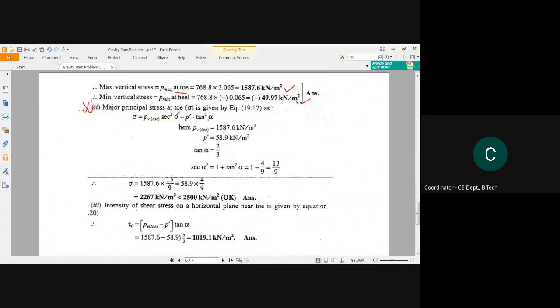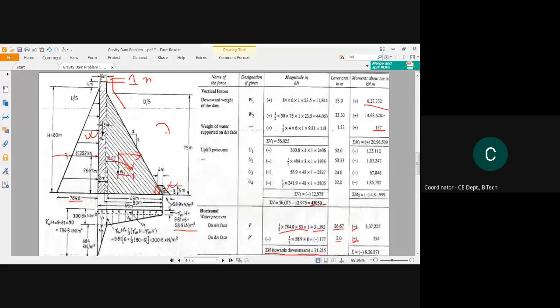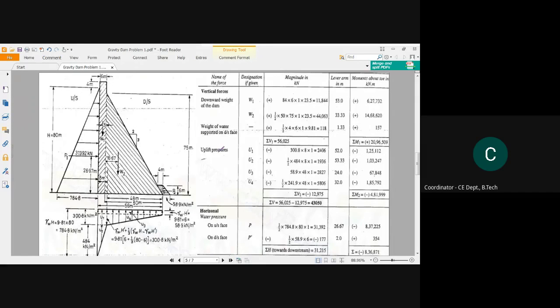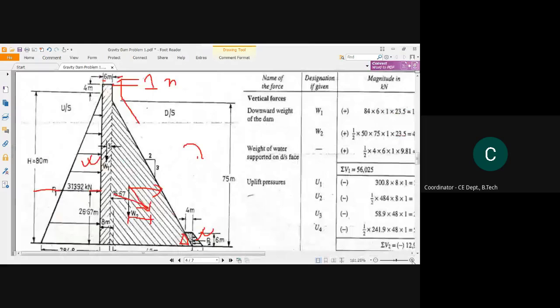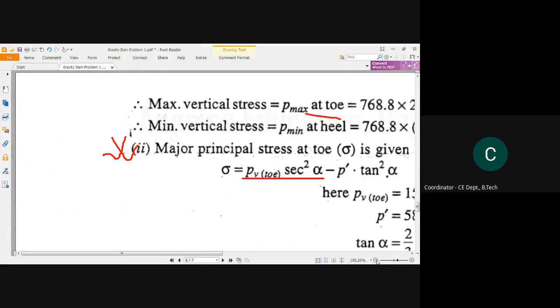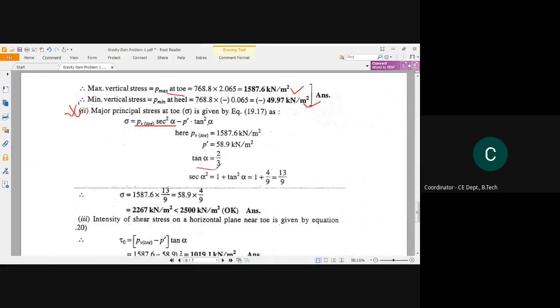So that PV toe is 587.6 kilonewton per meter square and P dash is 58.9 kilonewton per meter square. Now tan alpha we know, see here, this is height 2 by 3, tan alpha will be 2 by 3.